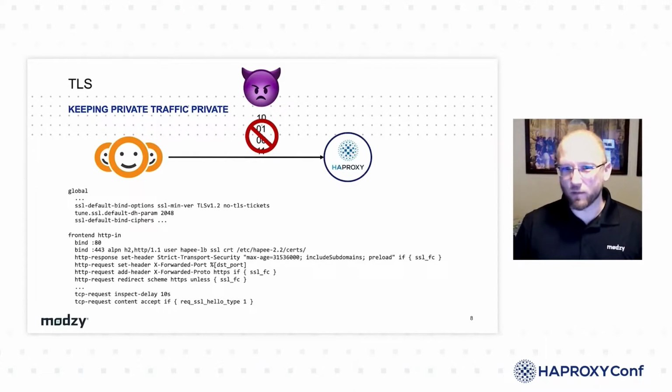This is all pretty straightforward boilerplate stuff, but nonetheless is very, very important. With services out there like Let's Encrypt these days, there's really no excuse not to run everything with TLS all the time.